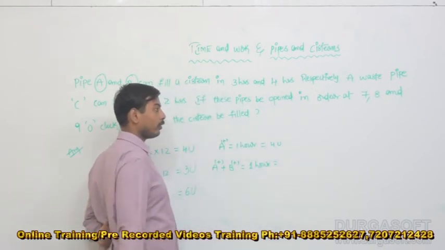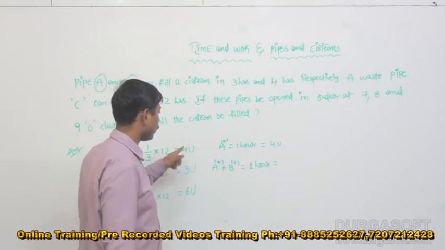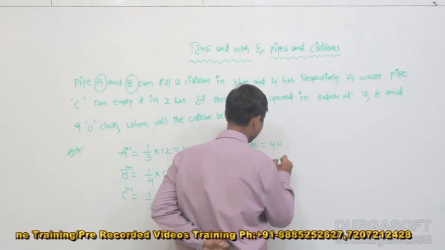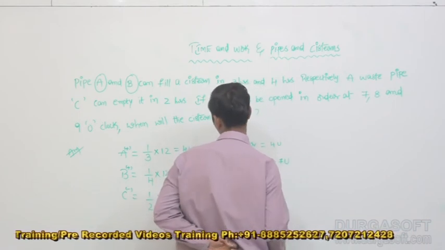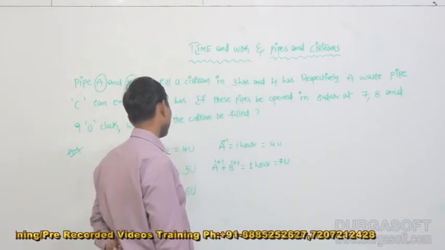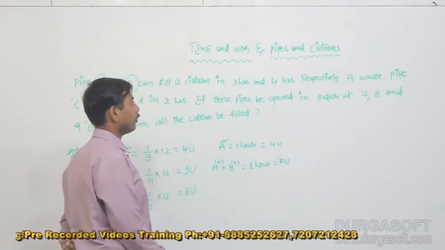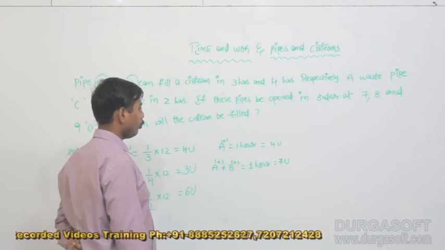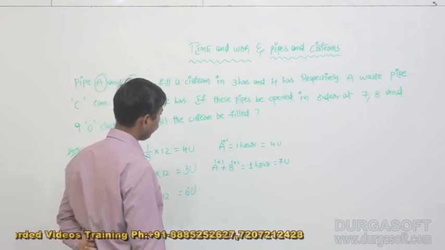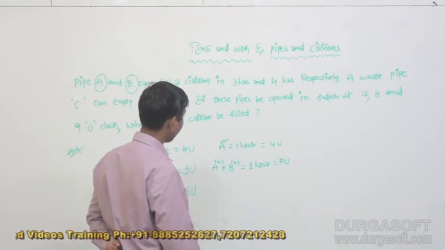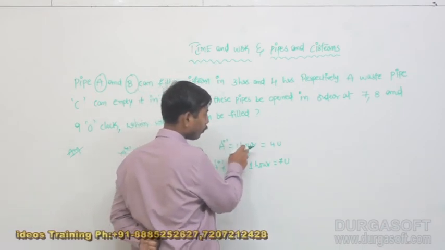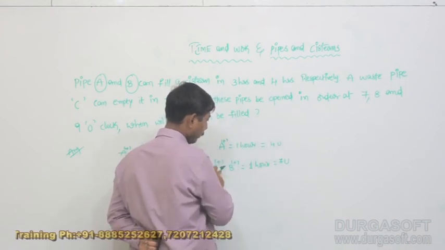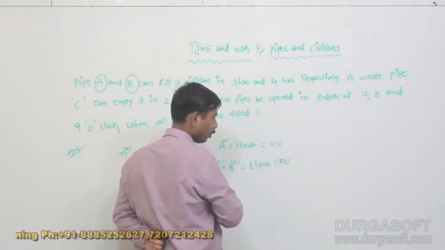Working together means in 1 hour, 4 plus 3, that is how much? 7 units of water are filled by these two pipes in that 1 hour. Already pipe A worked for 1 hour, completing 4 units of water. A plus B, 7 plus 4, 11.